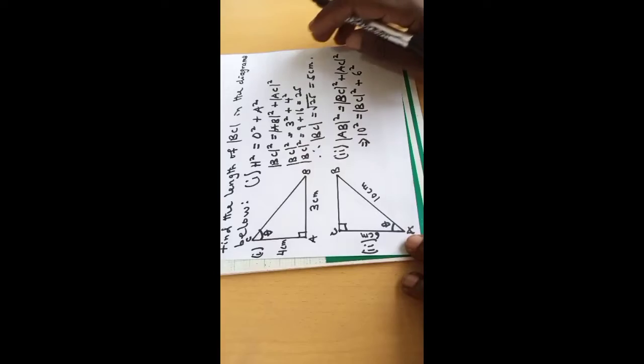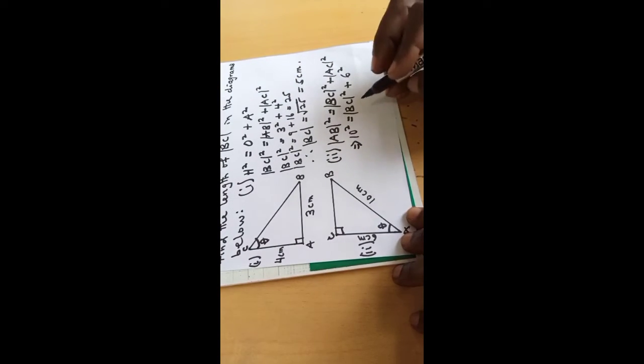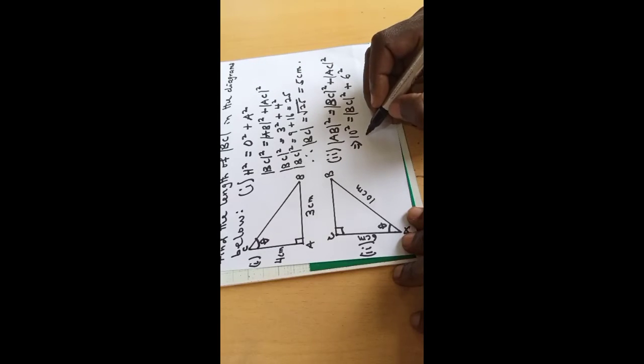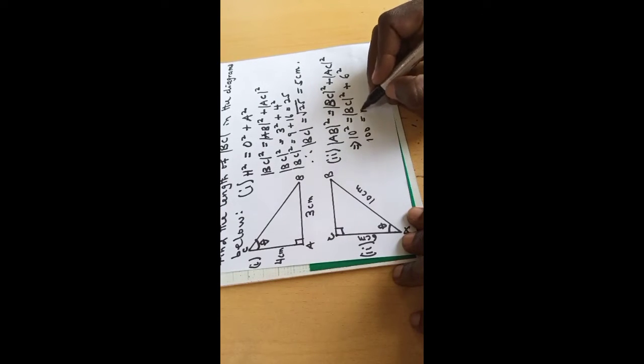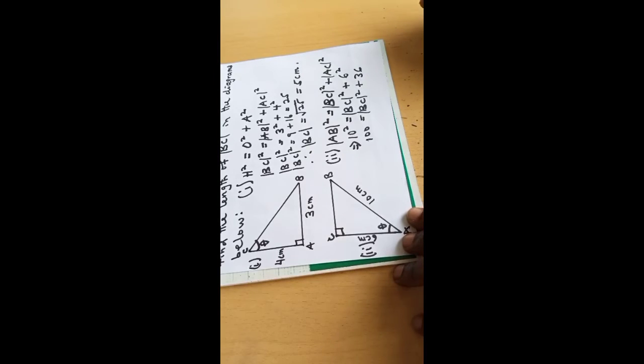So we are going to make BC the subject. We are going to have 100 is equal to BC squared plus 36.